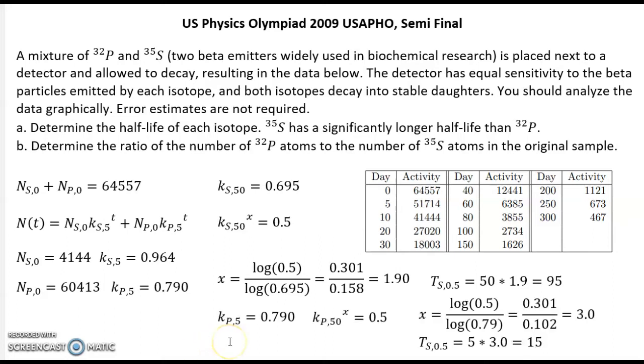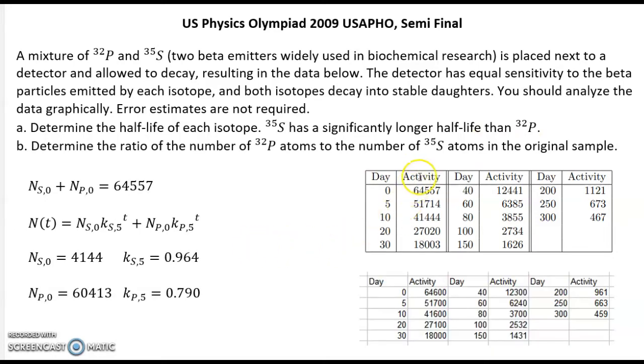For element P we have a reduction for 5 days of 0.79, and we have to solve this equation for the half period, and x will be about 3.0, but that was for a time period of 5 days. So it means that the half-life will be 5 multiplied by 3, which is 15 days. So that's the solution.